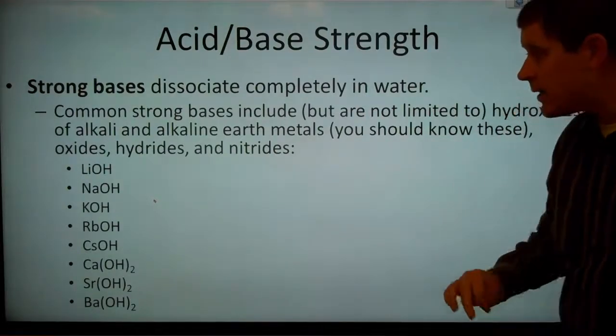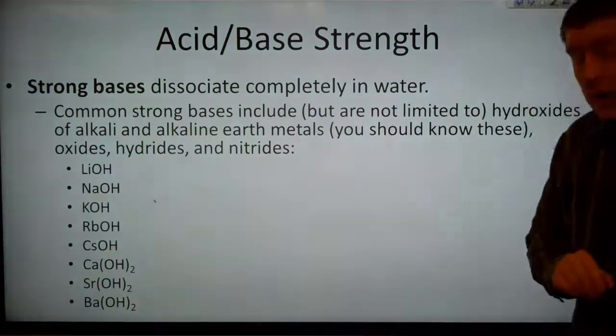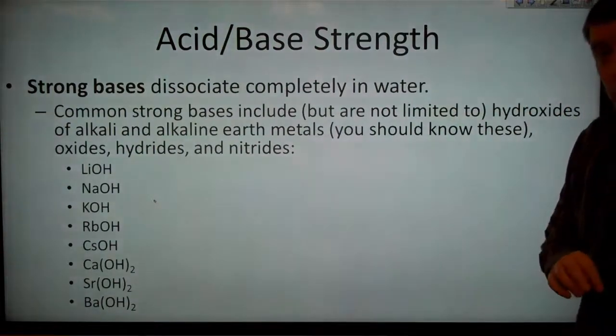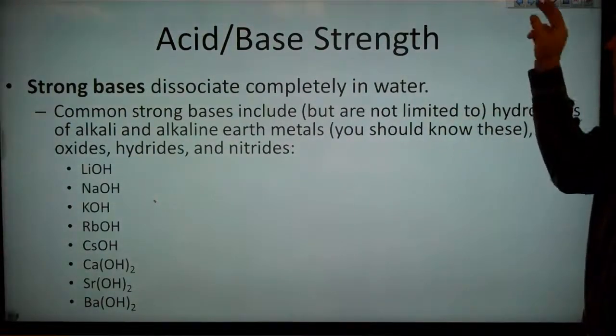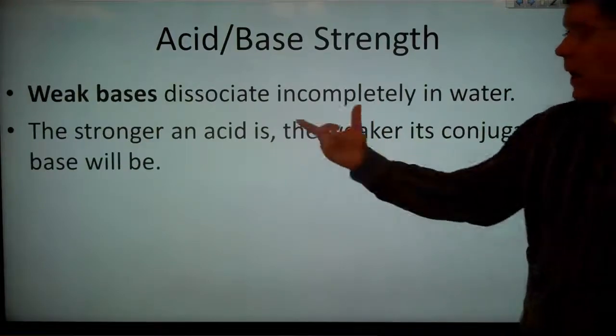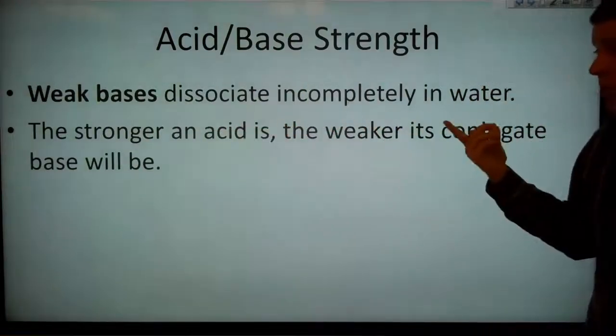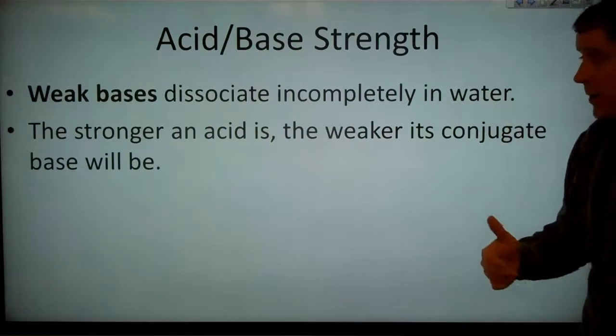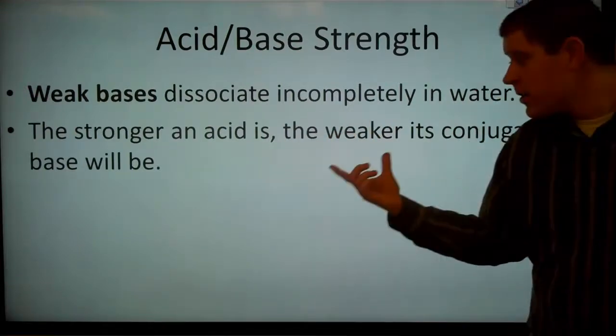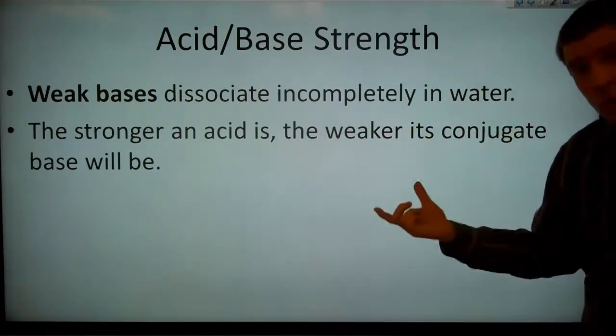At least for my class, I'm less concerned with whether you can recognize the oxides, hydrides, and nitrides as strong bases. So, on the other hand, weak bases dissociate incompletely in water, just like the weak acids, and the stronger the acid is, the weaker its conjugate base will be.